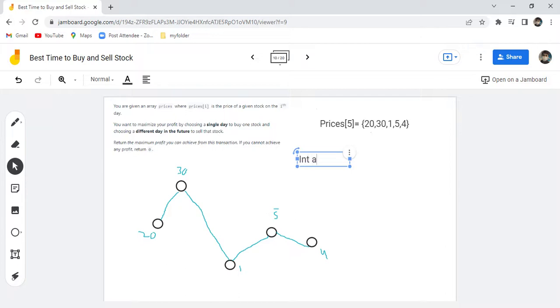So we have an integer answer which is 0, and we have an integer minimum of prices which we can state as the first value of the array, which is prices[0], meaning the value 20.